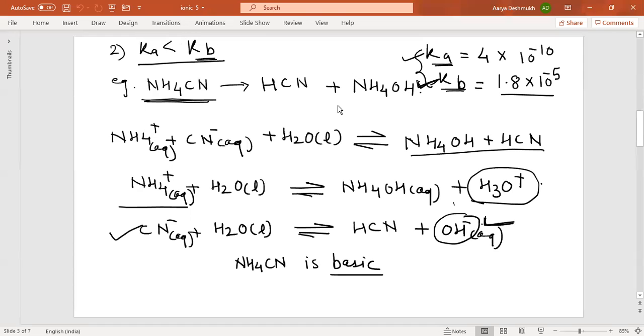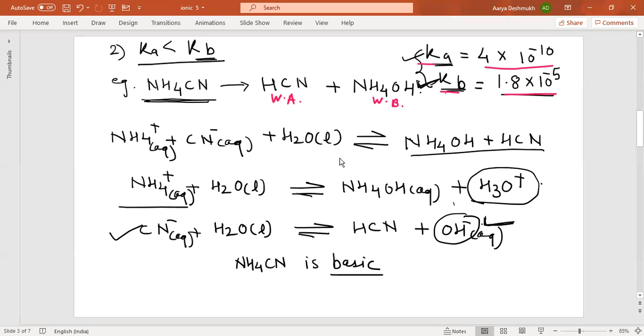Here HCN is a weak acid, and ammonium hydroxide is the weak base, because we are talking about the salts of weak acid and weak base. Now you can see here Ka for this is 4 into 10 raised to minus 10 and Kb is 1.8 into 10 raised to minus 5. So obviously Kb has a greater value than Ka.